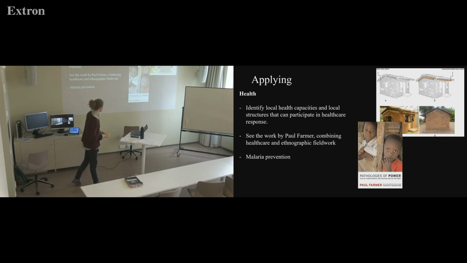Another one is health. There's been great work by the anthropologist Paul Farmer, who is also a medical professional, a doctor, and has done work in Haiti and, I think, Rwanda.